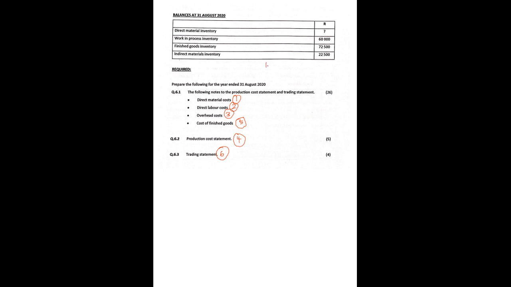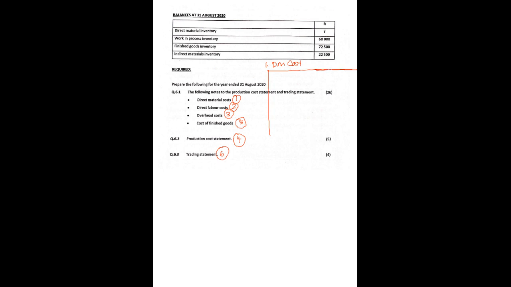You will naturally write out the full word, but I'm just writing out the shortened version because I don't have much space here. So I'm just going to write down wherever I can just the abbreviations for each of these. So here we have your direct material cost.